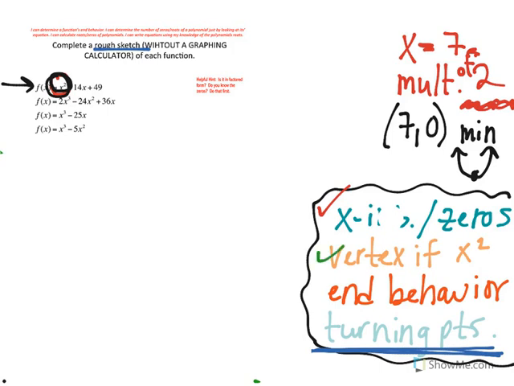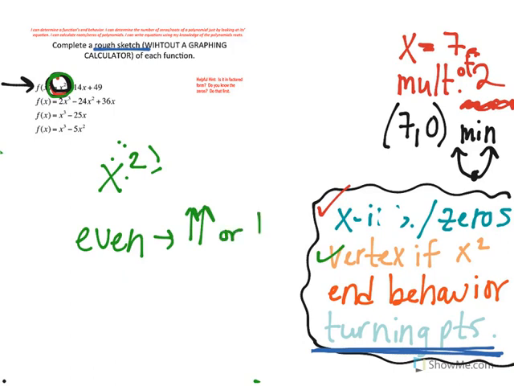Okay. The end behavior is, again, go back to that original term. For this one, it's x squared. Is your power even or odd? It is even, which means that your end behavior is either both up or both down. Then I want to look at the coefficient.